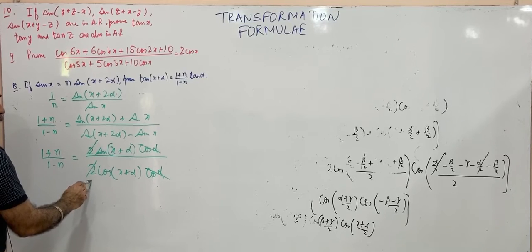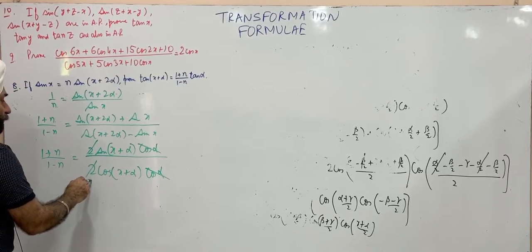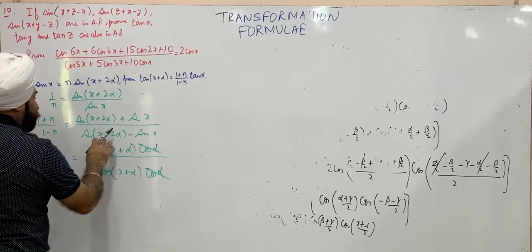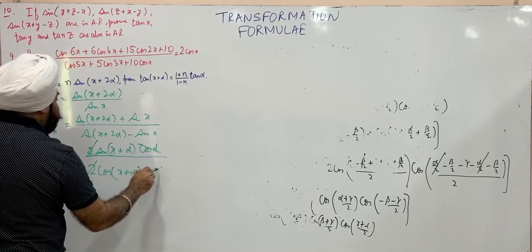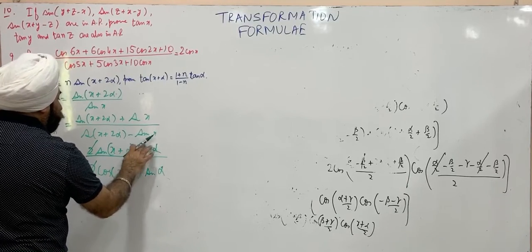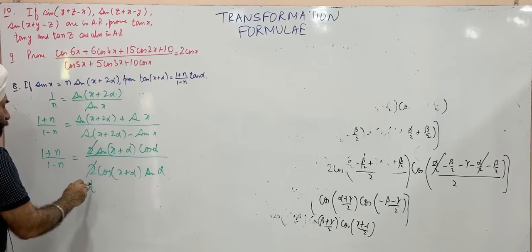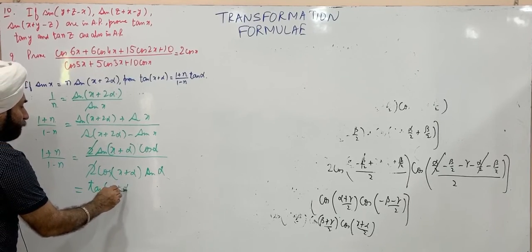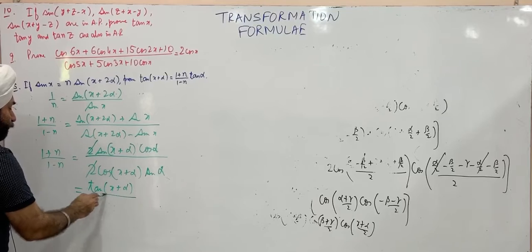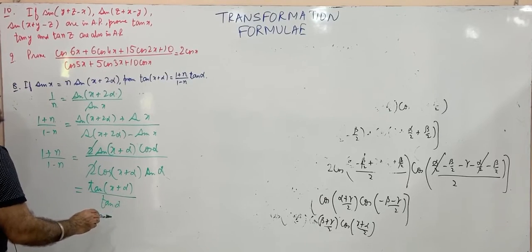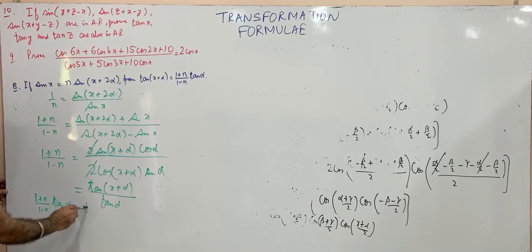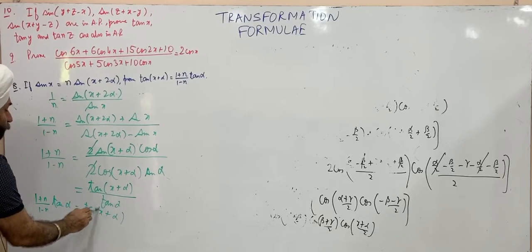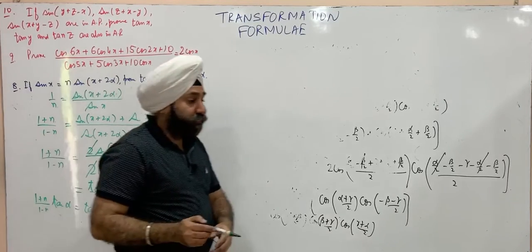We are left with, this is sin C minus sin D. This is 2 cos (C plus D)/2 into sin (C minus D)/2. So this will not get cancelled out. Sin upon cos, this is tan (x plus alpha), and sin alpha upon cos alpha, this is tan alpha. Shifting tan alpha to the left hand side into tan alpha, this is equal to tan (x plus alpha), and this is what we wanted to prove.